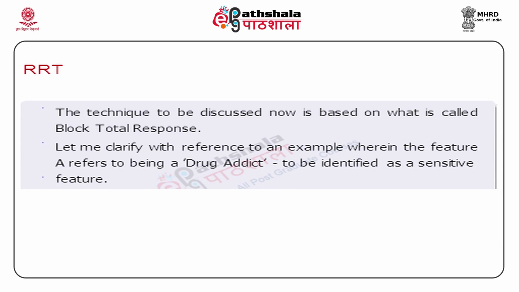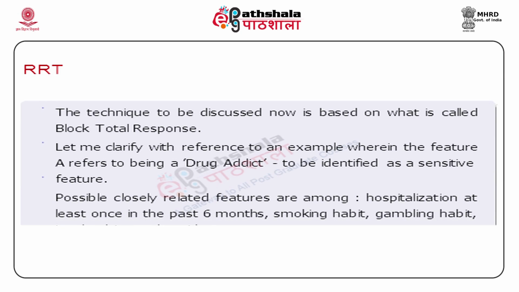Let me clarify with reference to an example wherein the feature A refers to being a drug addict, to be identified as a sensitive feature. So, I want to know in a population of young college students what is the percentage of drug addicts, for example. It is a sensitive issue, I cannot prompt any direct response technique.